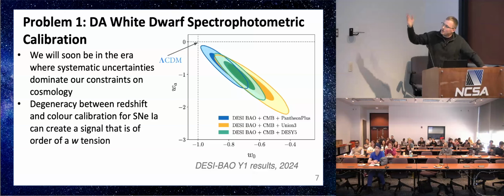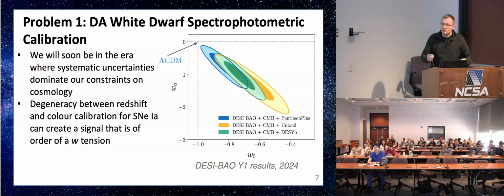As you can see here, you've got the DESI results where it's hinting at a non-lambda CDM cosmology. I'm not saying that this is caused by color calibration, but I'm saying if we're making these sorts of statements at this level of precision cosmology, we need to be very careful with our color calibration. So we're now in the regime where this sort of thing is really important.